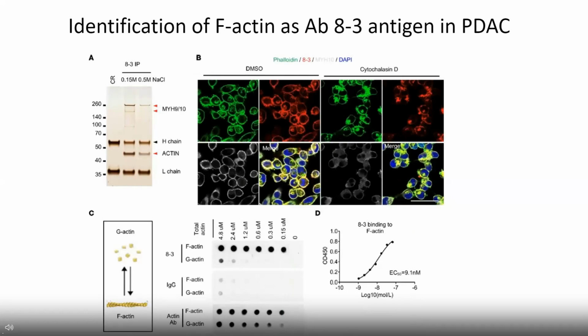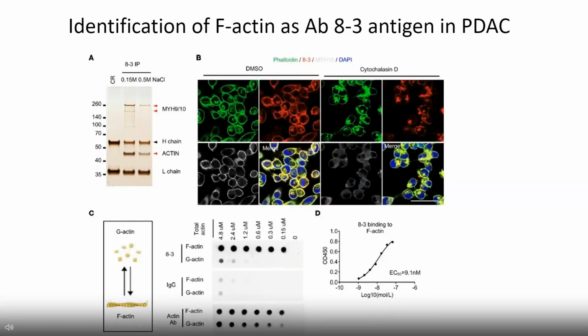So the first antigen, to identify the antigen, we typically use the antibody to immunoprecipitate the cell lysate and then run a silver staining. In this case, example shown by antibody 8-3, when they pull down, so here, out of the antibody heavy chain and light chain, you will see a band here at around 42 kilodalton, and also a high molecular weight band around 260.